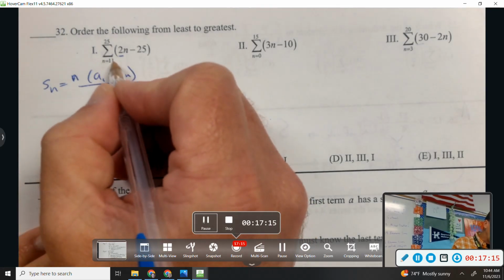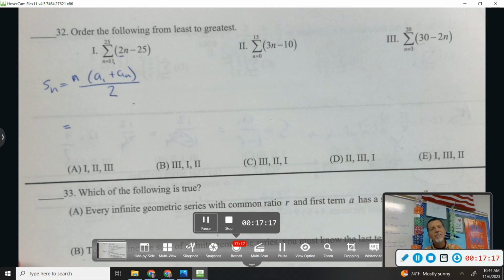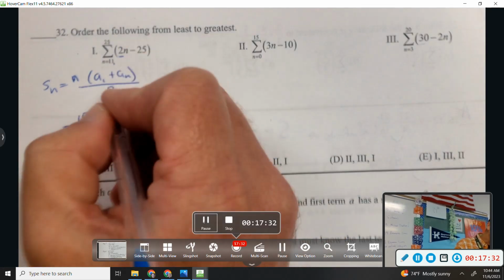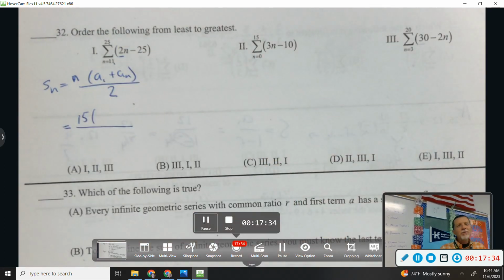If we go from 11 to 25, how many terms is that? From 11 to 25. So you're like, 15. Good. 15 terms. A1, again, that's a little bit tricky because it doesn't mean plug in 1.